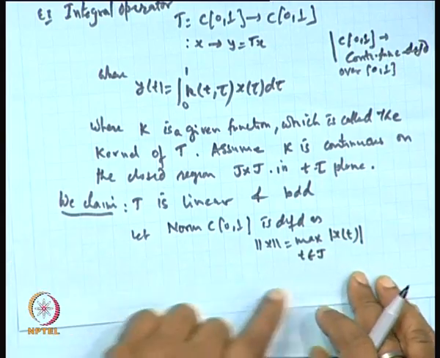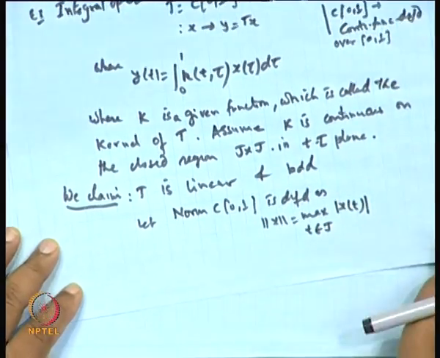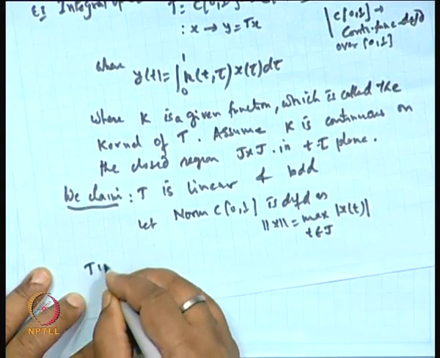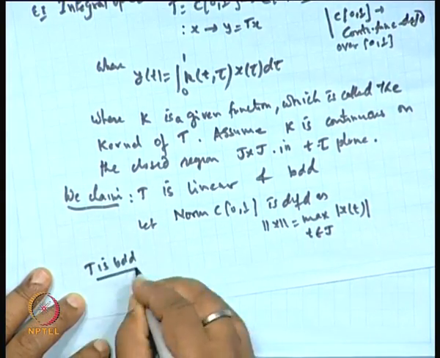We are choosing the norm in this form. Now, once you take this, T is bounded is obtained from here.